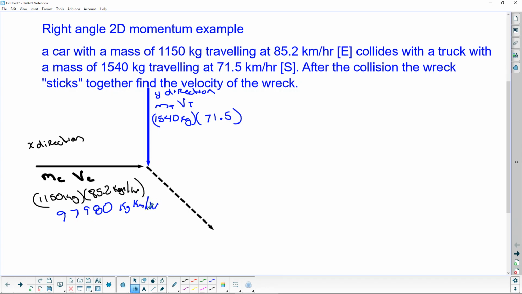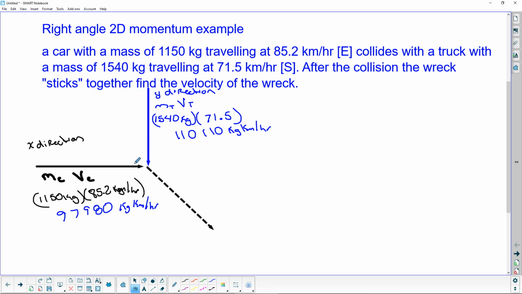And then that's 1540 times 71.5. That's 1. And this is our y. This one's kind of going down, and this one's kind of going to the right.